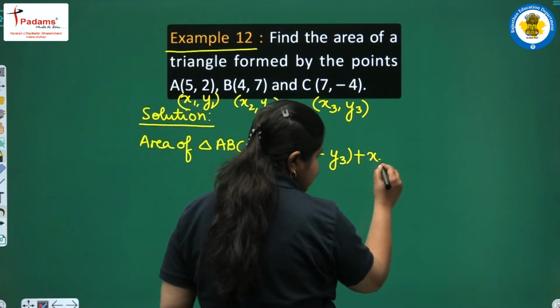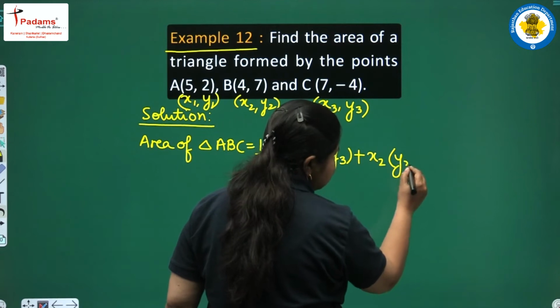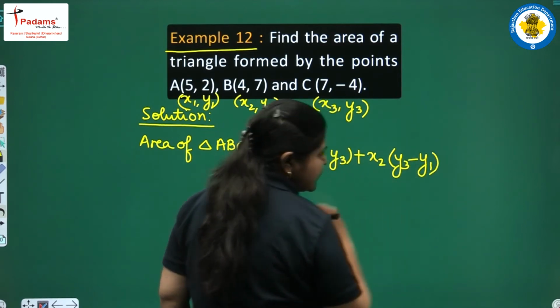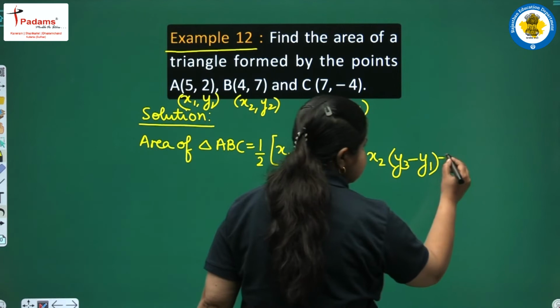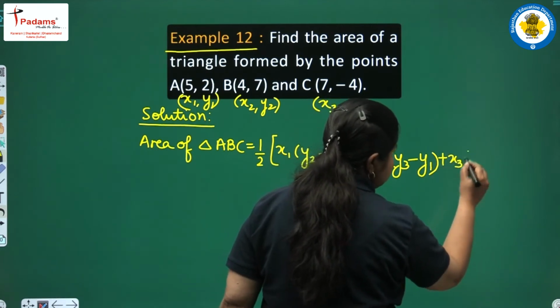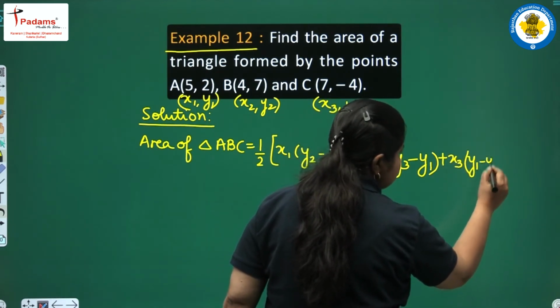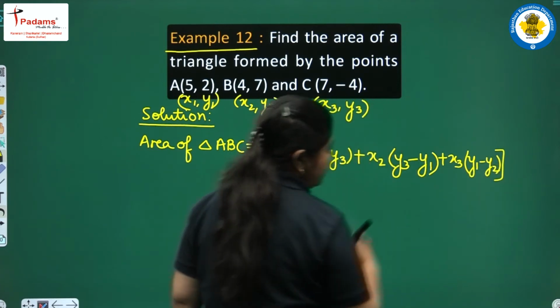Then x2 से स्टार्ट करेंगे, 2 के बाद 3 और 3 के बाद 1, so y3 minus y1 plus अब हम x3 से स्टार्ट करेंगे, 3 के बाद 1 और 1 के बाद 2. In this way we write the formula.